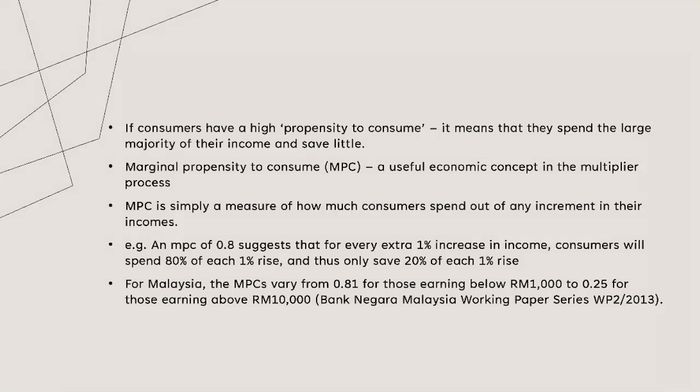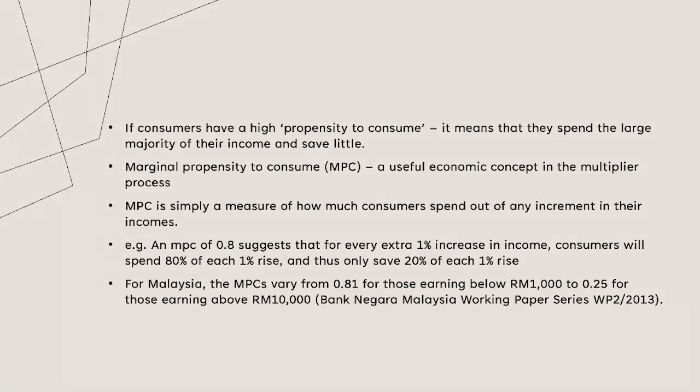For example, if there is an increase in the salary, it is the change in the consumption because of the increase of the salary, divided by the change in income when the salary increases. If the MPC was 0.4, this means that for each extra ringgit in the income, they spend RM 0.4.